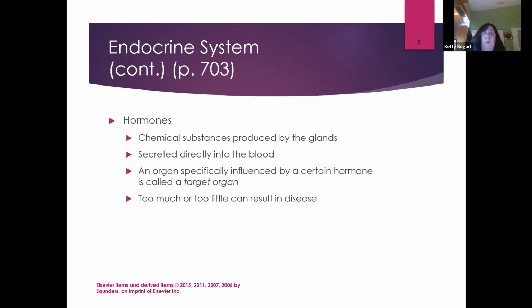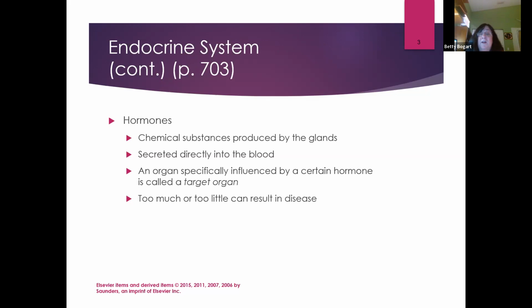So hormones, what are they? Whether you're talking about the thyroid, pituitary gland, even the testicles, they produce some sort of substance that performs a task. A lot of the pituitary has to do with growth. Are you growing too slow, too fast?